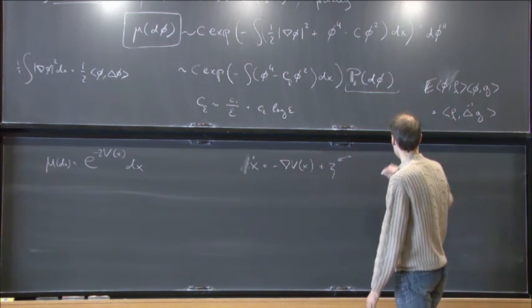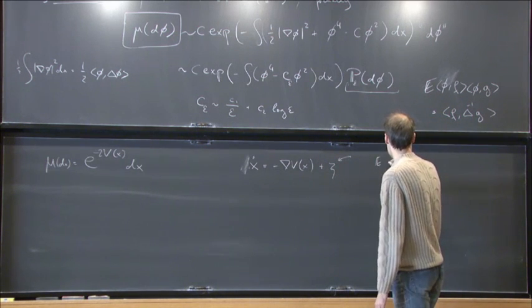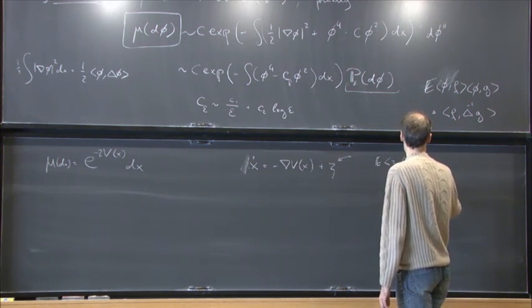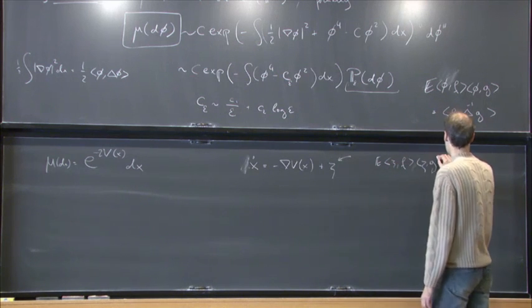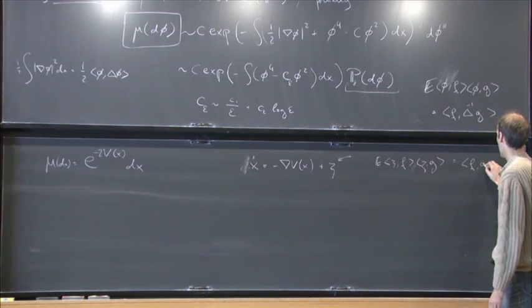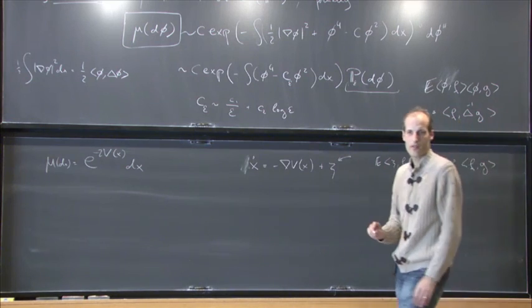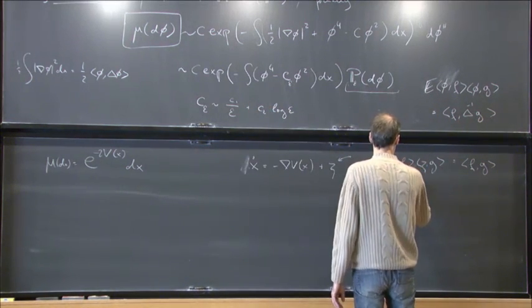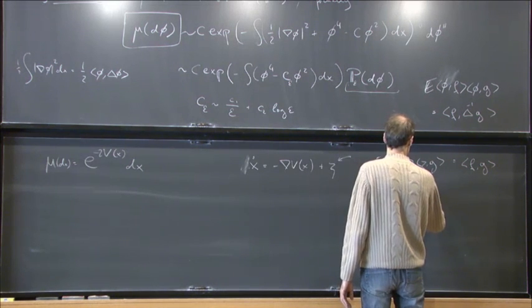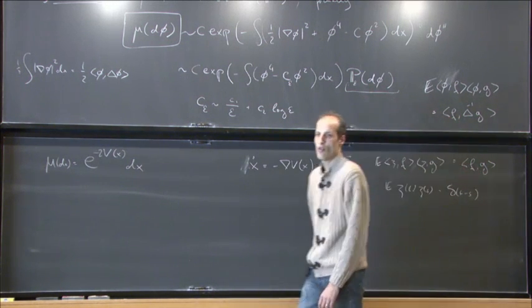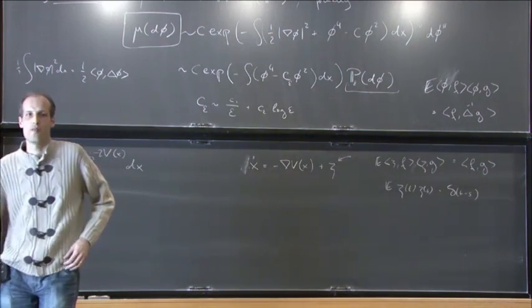And psi is white noise in the sense that if I test it against two test functions f and g and look at the correlation, I simply get the L2 scalar product of f and g. So formally, the expectation of psi of t, psi of s, is delta of t minus s, or psi is the derivative of a Brownian motion.